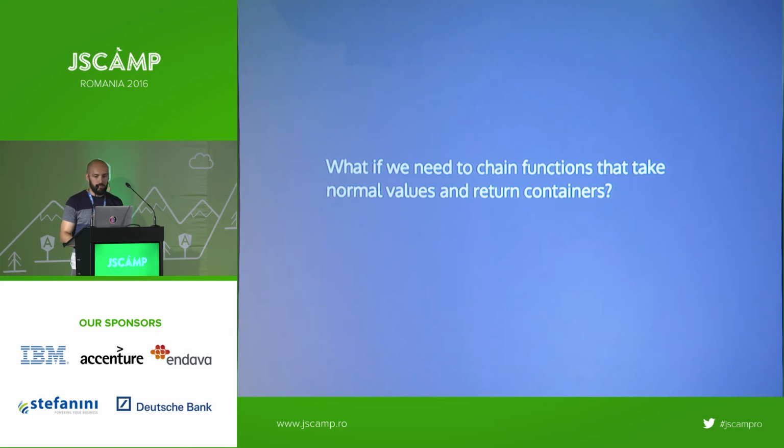And the last part that we are going to look at is something that I showed on the first slide. What if we have functions that take normal values and return containers?